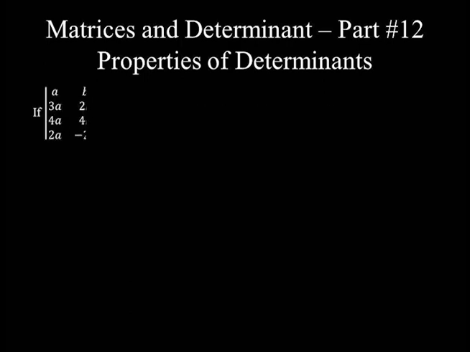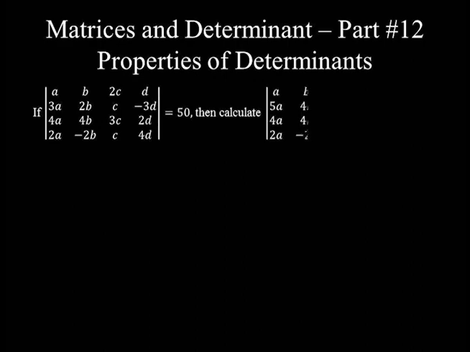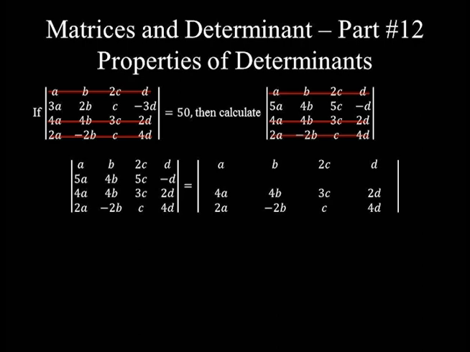If the determinant of this 4 by 4 matrix is equal to 50, then calculate the determinant of this 4 by 4 matrix. Let's take the right-hand side matrix and write it in terms of the given matrix. Row 1, row 3, and row 4 elements are the same, so we can copy them as they are. The difference is in row 2 only.